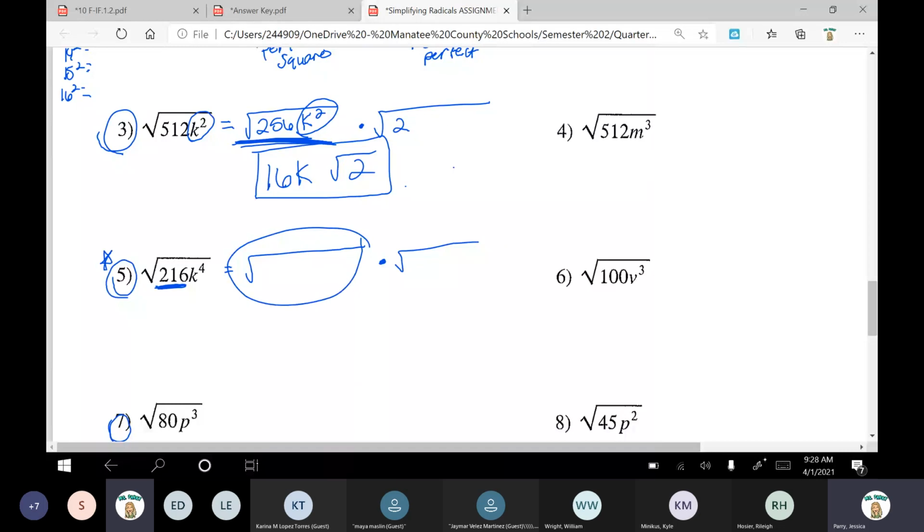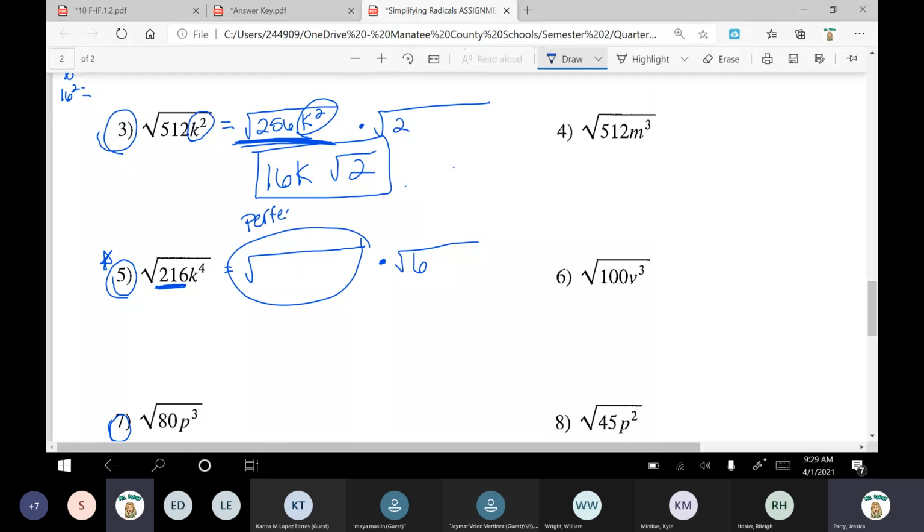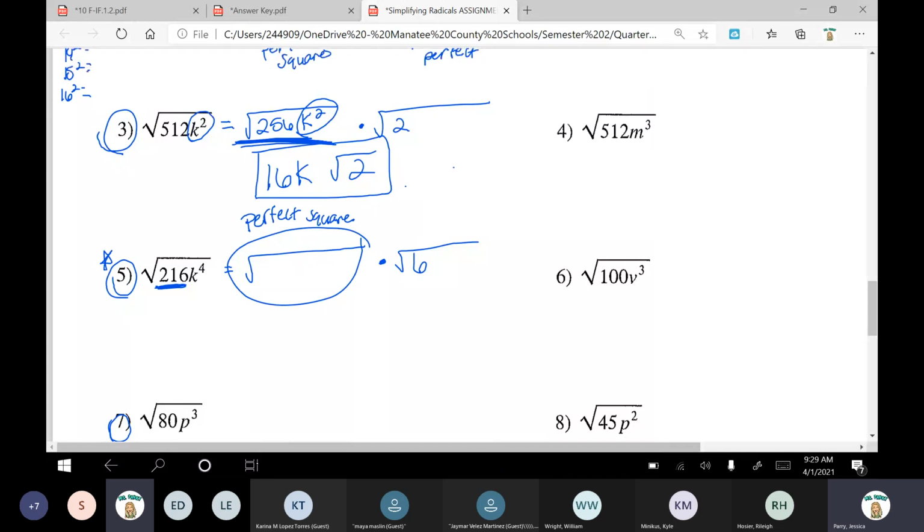I'm going to help you guys out here. Your not perfect square is 6. Just to help you guys out here, because it is some of our bigger numbers. What times 6 would be 216? And remember, this one is a perfect square, which we listed on the first page.